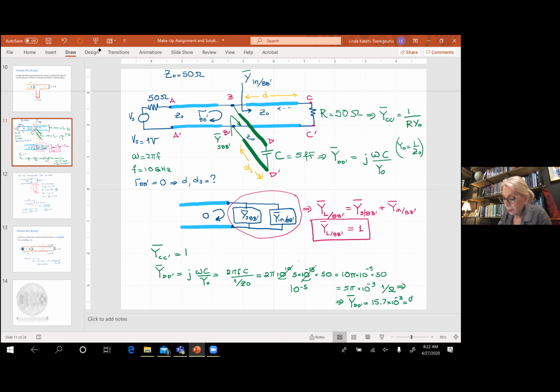Let's move that a little further out here. And this one makes it 15.7 times 10 to minus 3 is equal, can I write?